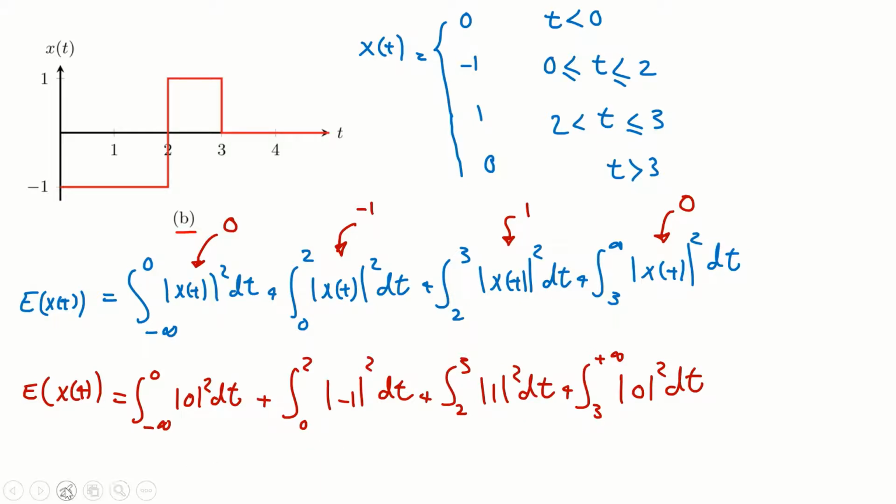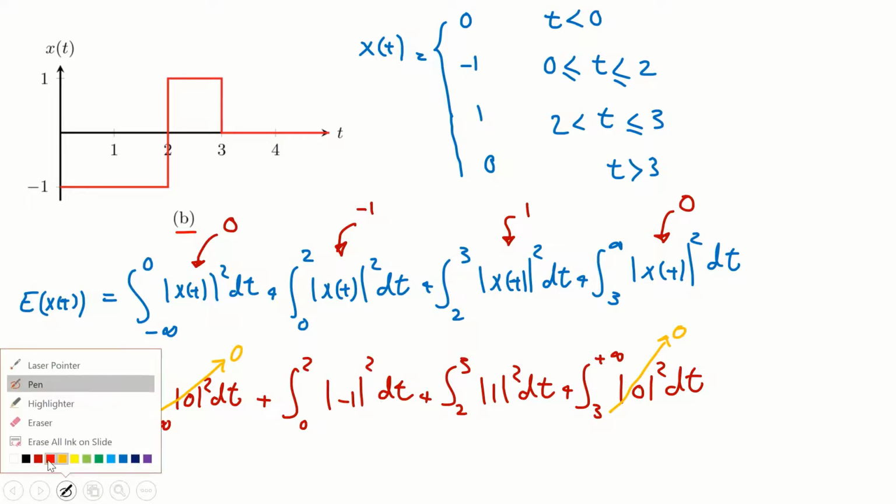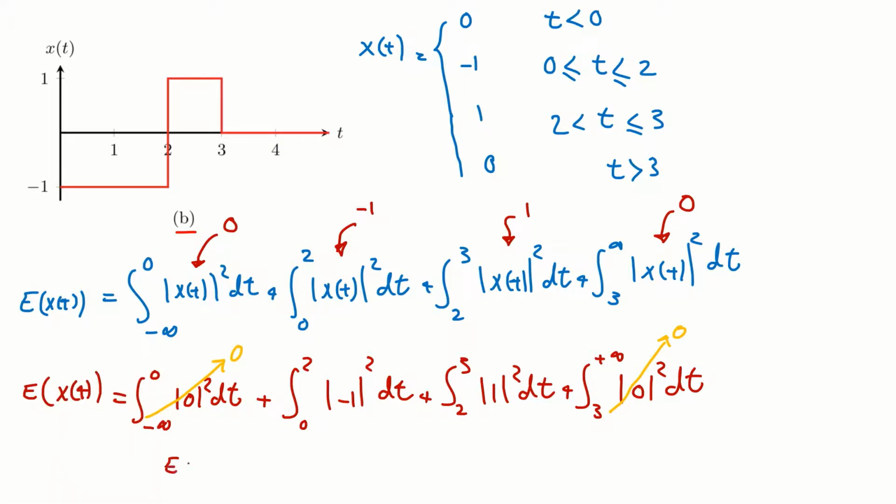Right, so if I calculate these integrals in these 4 intervals, well, first of all, we know that this is 0. We know also that this one is 0. So what we have at the end is the energy of xt equals the integral where the value of this one is plus 1, and the value of this one also is plus 1.